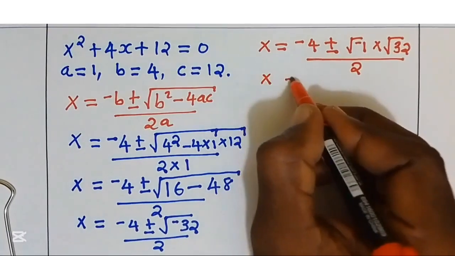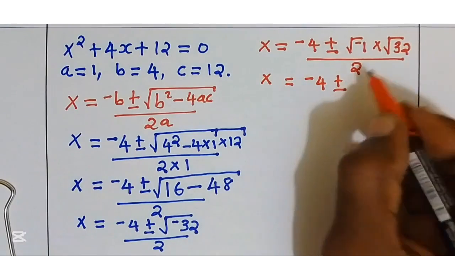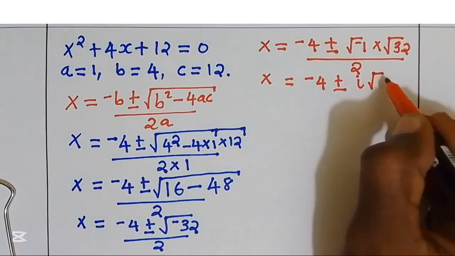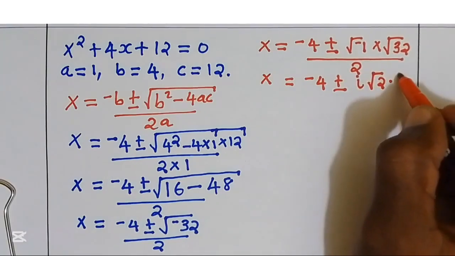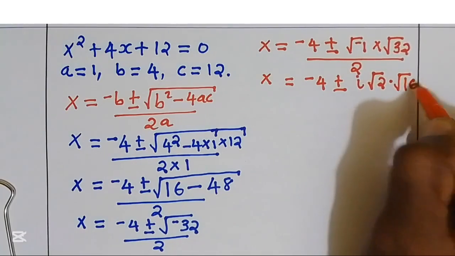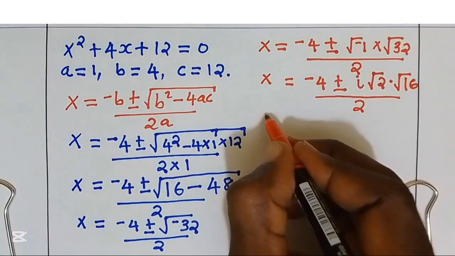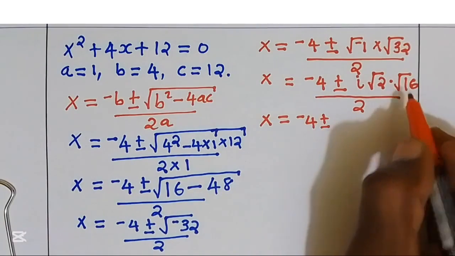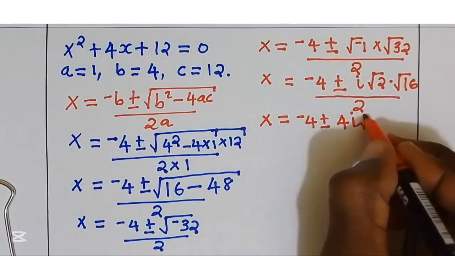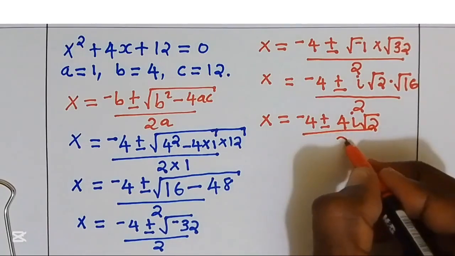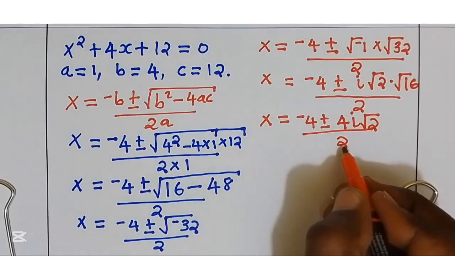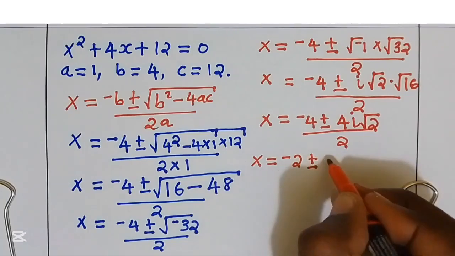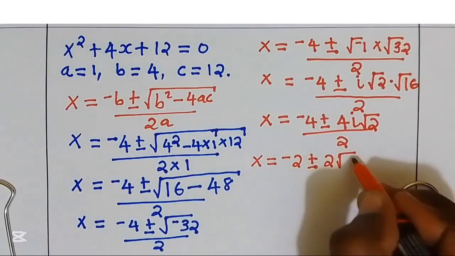The square root of minus 1 is i, multiplied by the square root of 2 multiplied by the square root of 16. The square root of 16 is 4, so we have 4i square root of 2 over 2. We can simplify by 2. We get x is equal to minus 2 plus or minus 2 square root of 2 i.